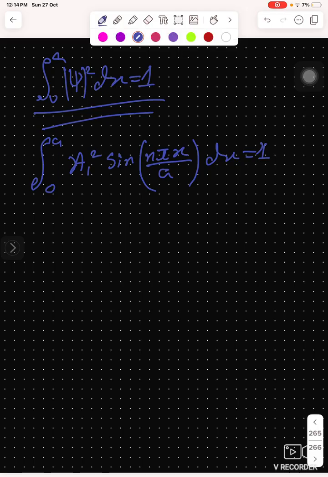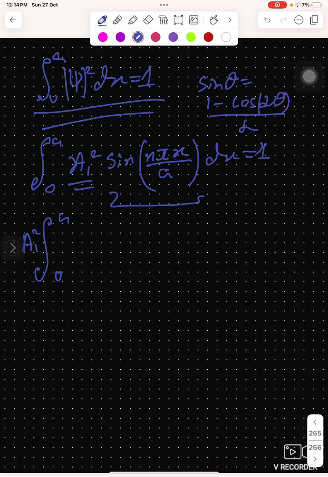But I don't want this. This a is a constant, so we'll take it outside. So this will become like this, and sine squared theta is the same as saying 1 minus cosine 2 theta over 2.